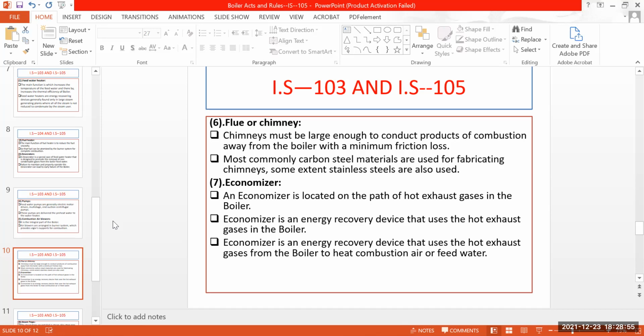And the waste product or waste gas or waste smoke will be released from this into the environment.